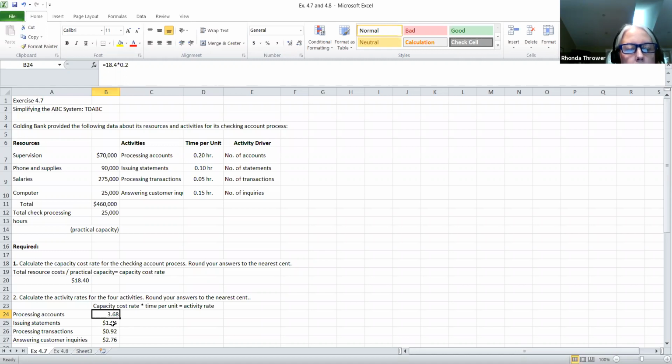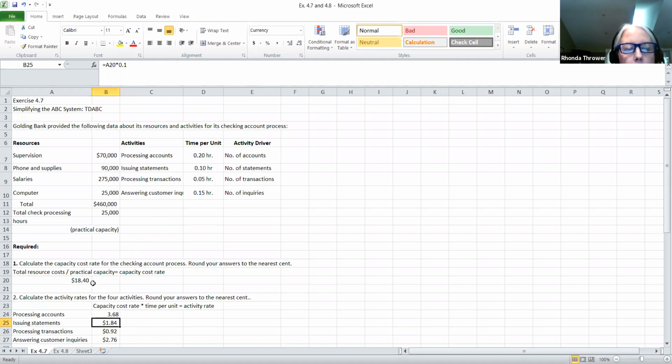You'll do the same thing for issuing statements. You're going to take the capacity cost rate and multiply it by the time it takes for the issuing statement activity, which is 1/10 of an hour.